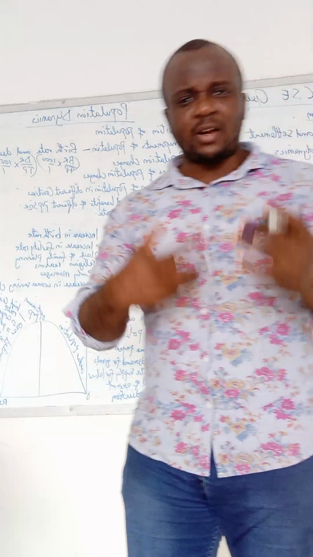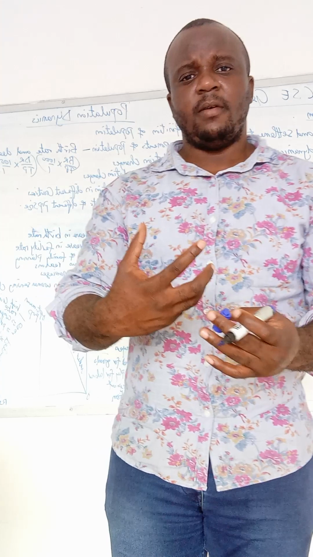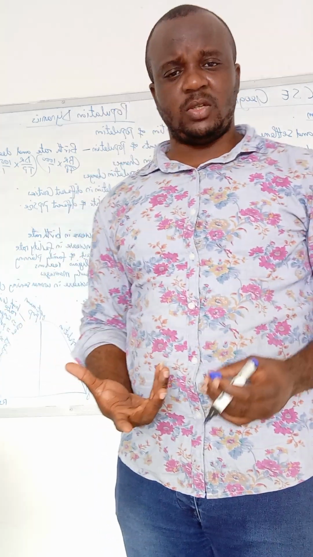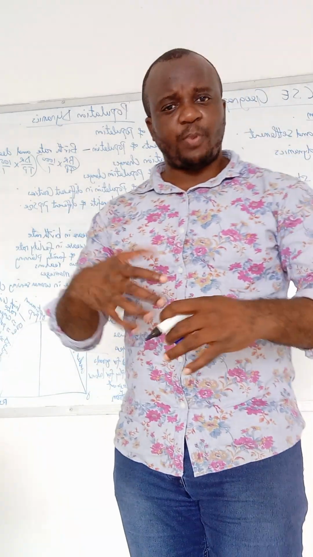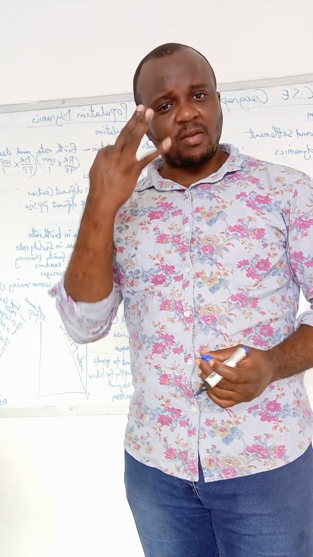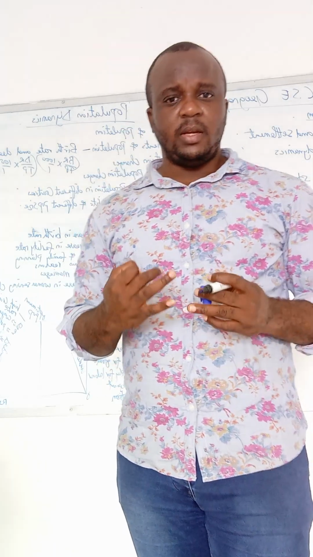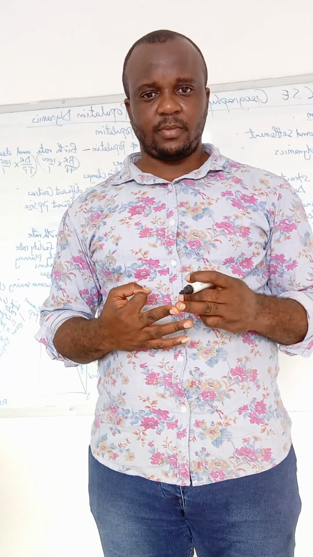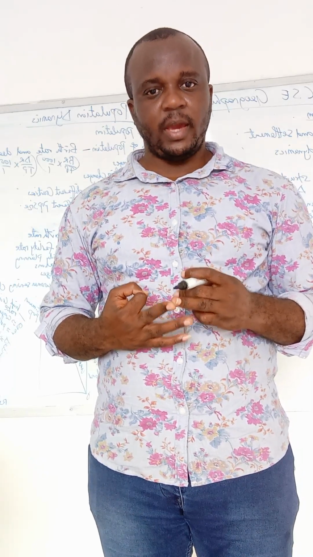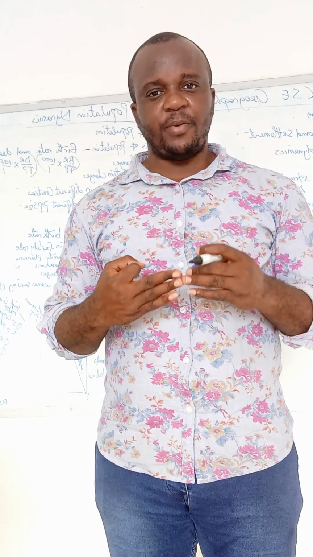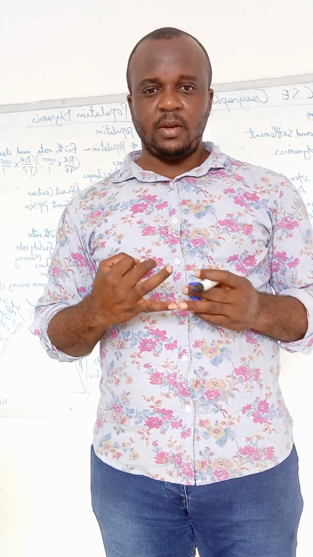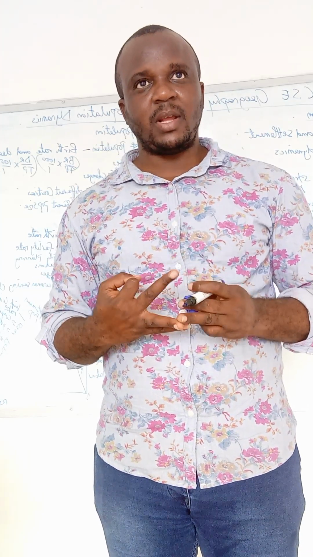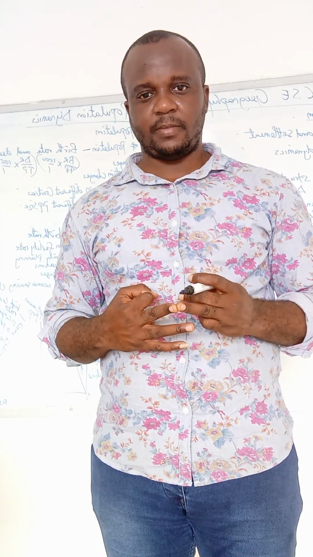Now what are the reasons why population changes? There are 3 reasons why population changes: the birth rate, the death rate, and migration. Again, the causes of population change are 3: the birth rate, the death rate, and migration.